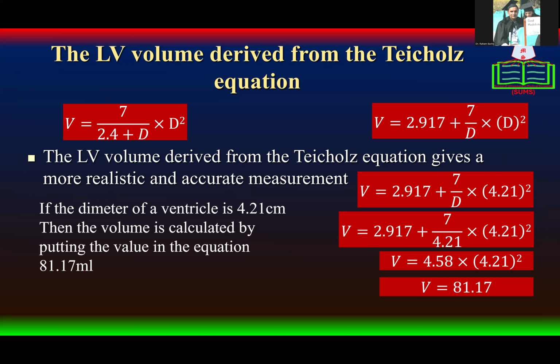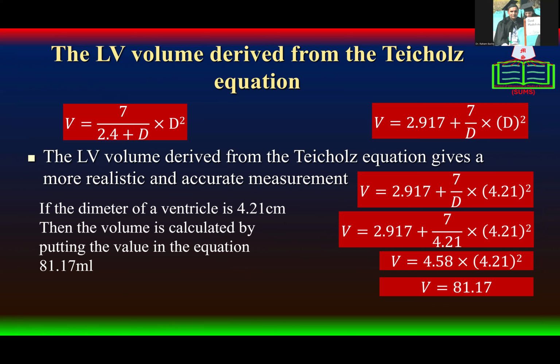Here Teichholz's equation is: volume is equal to 7 divided by (2.4 plus D), multiplied by D squared. D is the diameter of the left ventricle, which we calculated with the help of M-mode examination. If the diameter of the ventricle is 4.21 centimeter, then the volume is calculated by putting the values in the equation.